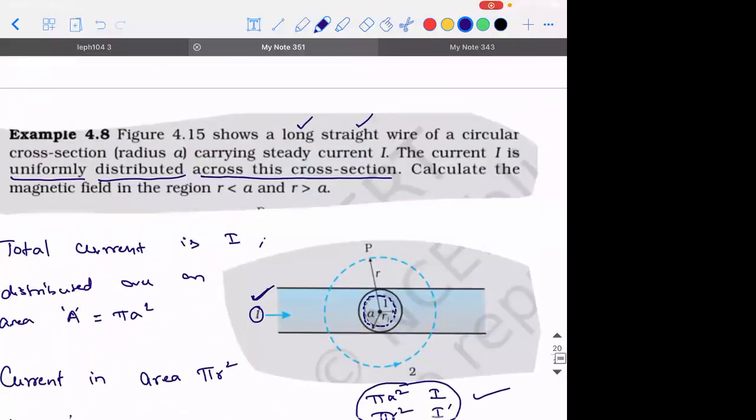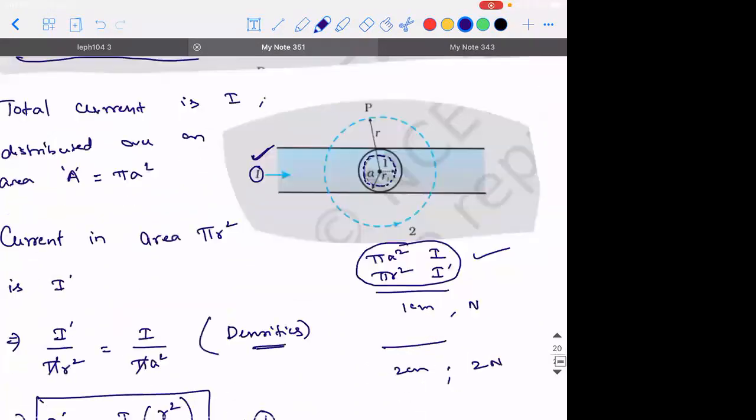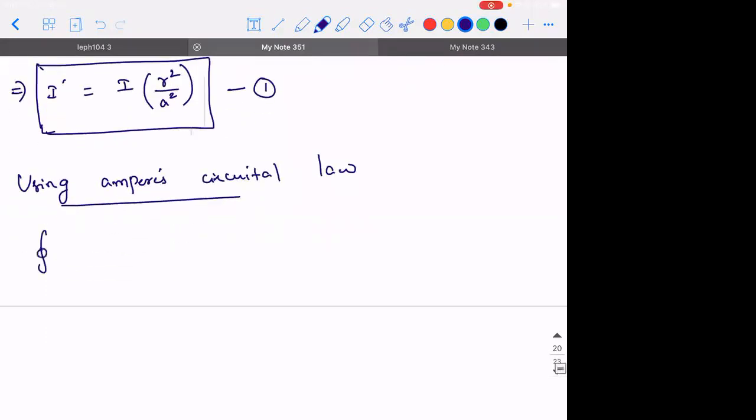Now, what are we supposed to do? We need to calculate the magnetic field in the smaller region and in the bigger region. We do this using Ampere's circuital law. The line integral of B vector dot dl vector is equal to mu naught into I net.